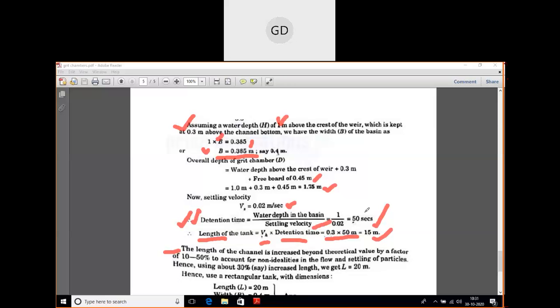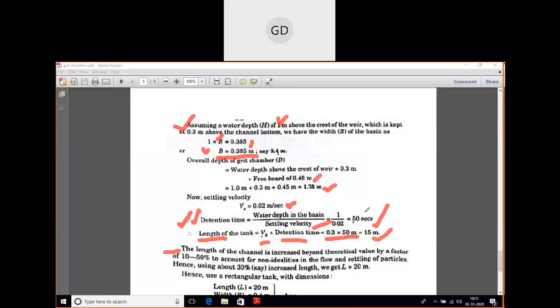So they are increasing it by 10 to 50% from the theoretical value to account for non-idealities in the flow. Okay, and for the settling of the particles also, they are increasing the length.